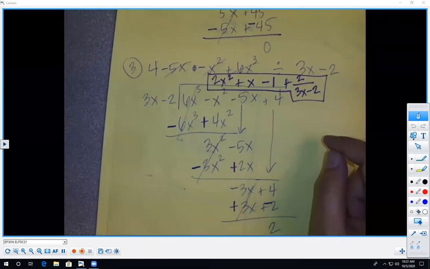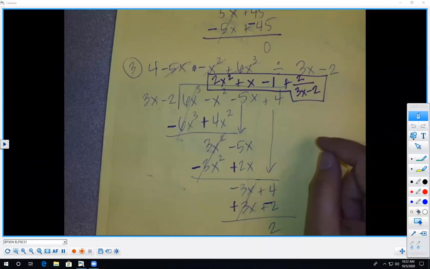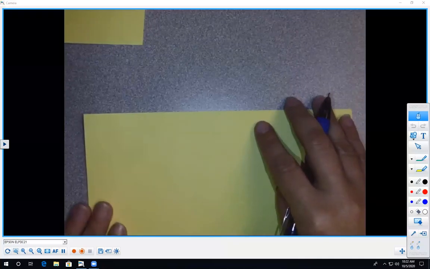There's a theorem for that. I can't remember the name of the theorem, but that's a really big idea, and something we need to know when we're trying to factor something.